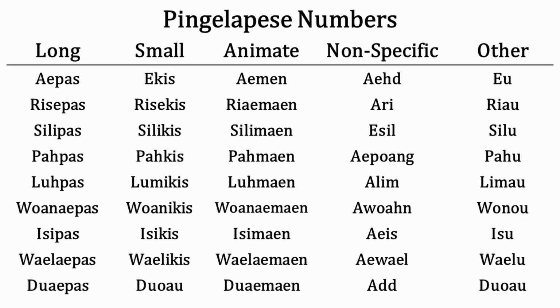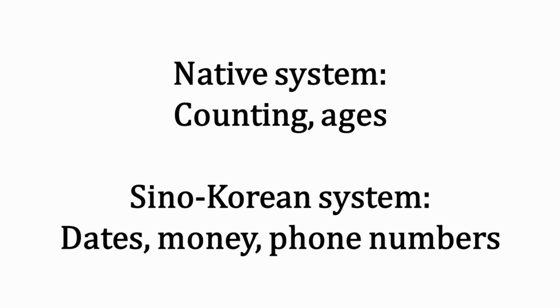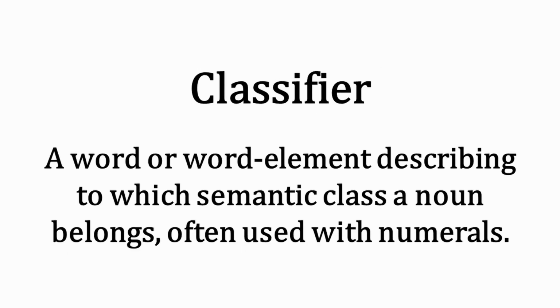Other languages distinguish different categories and different numbers of categories. I mentioned earlier Korean numerals, where one set of numerals is used for counting and age, while another is used for dates, money, and phone numbers. This phenomenon is closely related to another, that of classifiers.